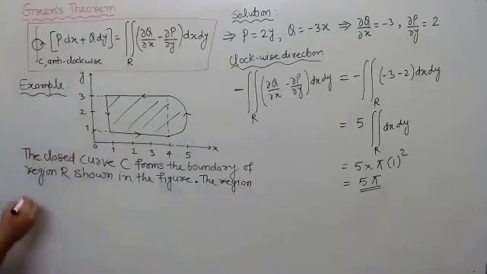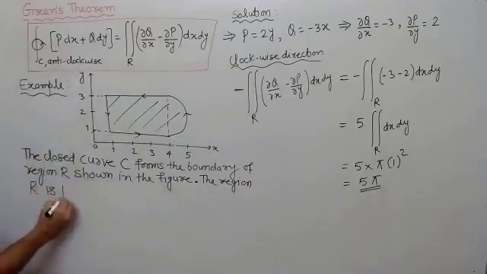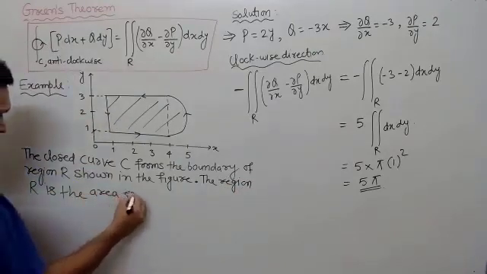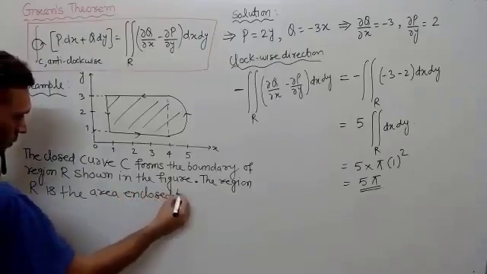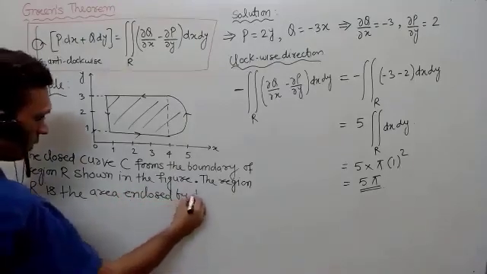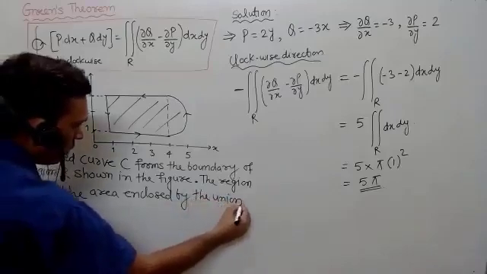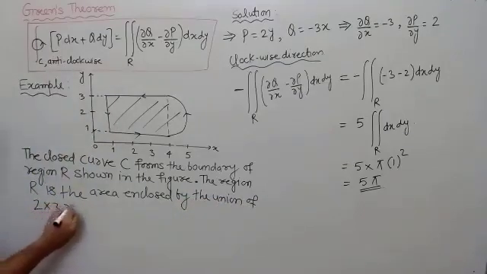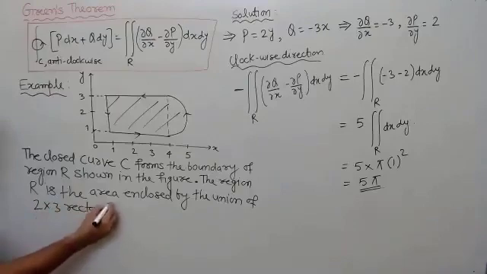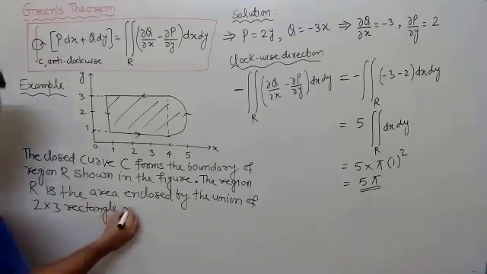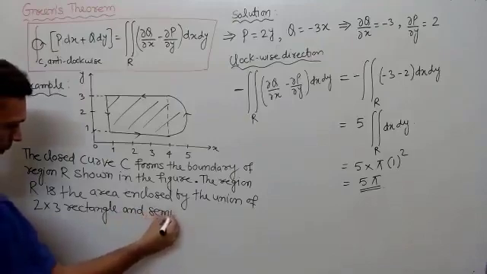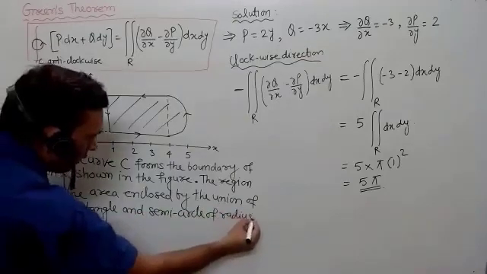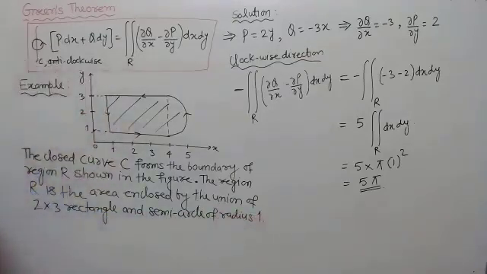The region R is the area enclosed by the union of 2 cross 3 rectangle and semicircle of radius 1.